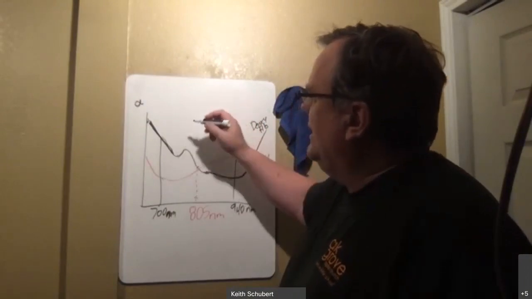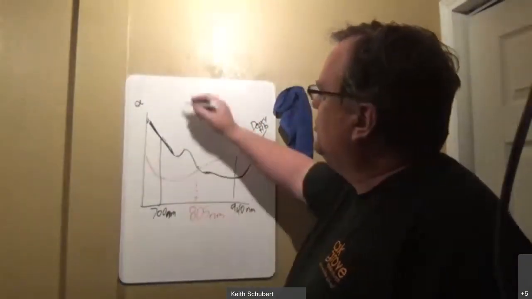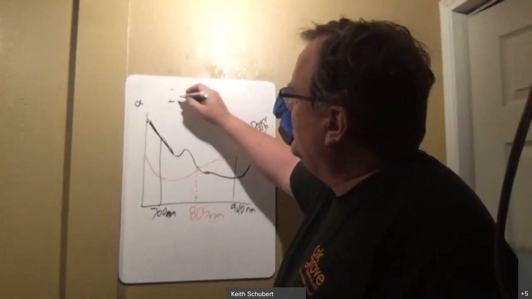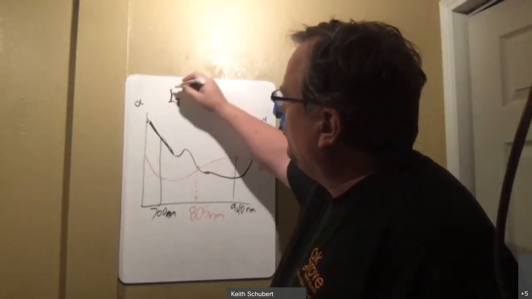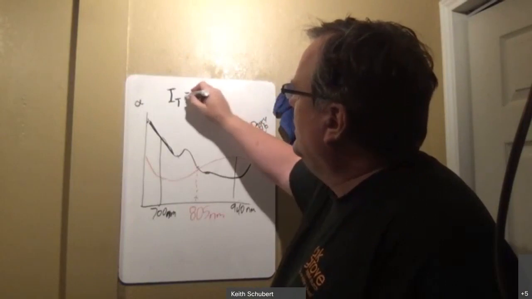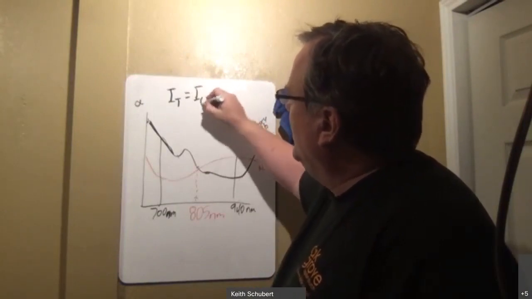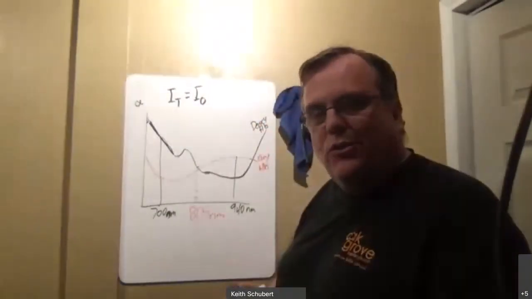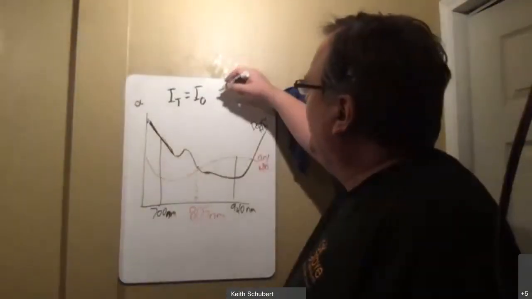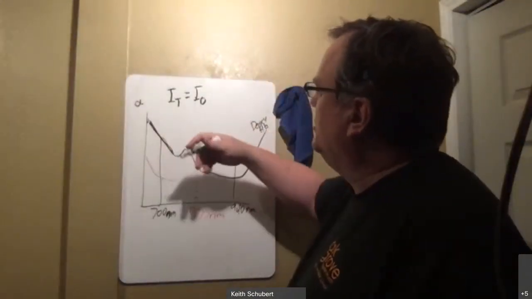When we look at what's called Beer's law, Beer's law says that the intensity of light transmitted through a sample is equal to the initial amount of light on the surface, and then it depends on how much is absorbed.